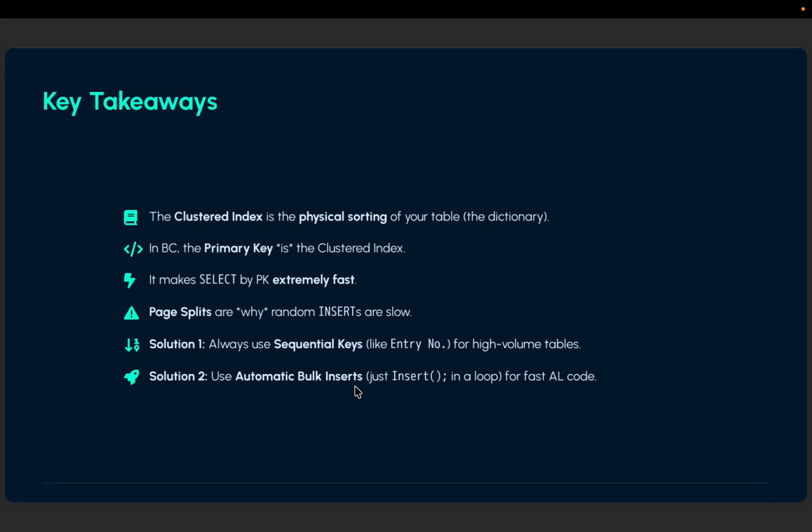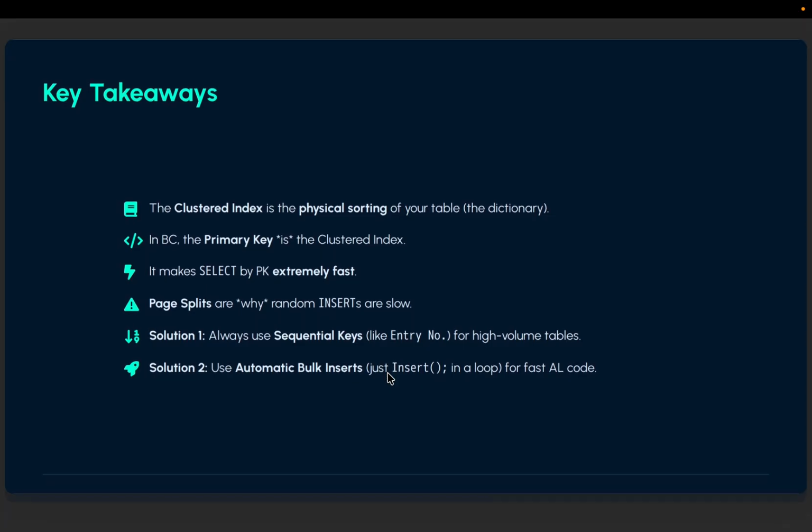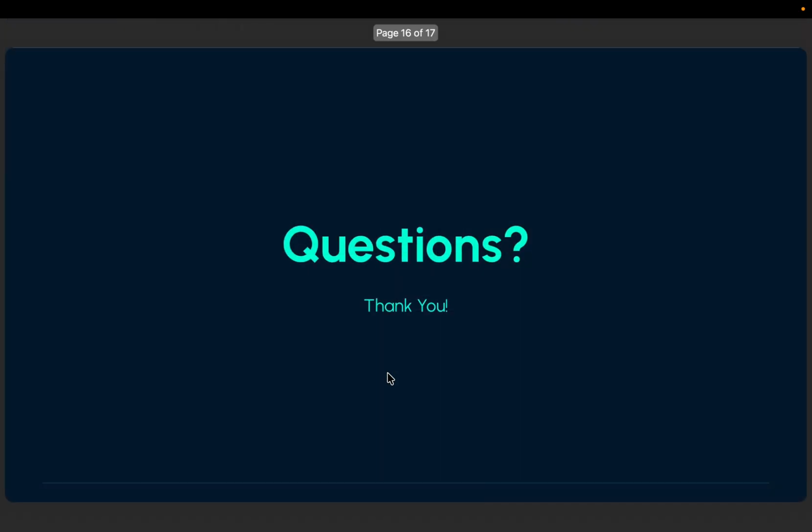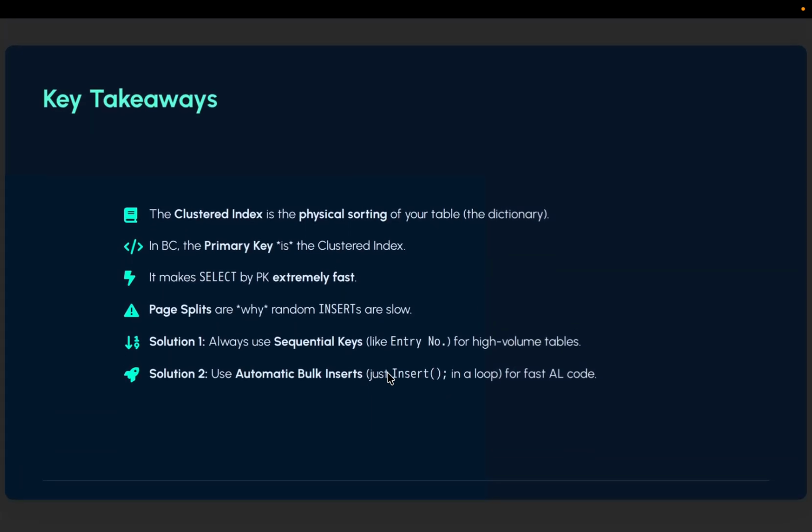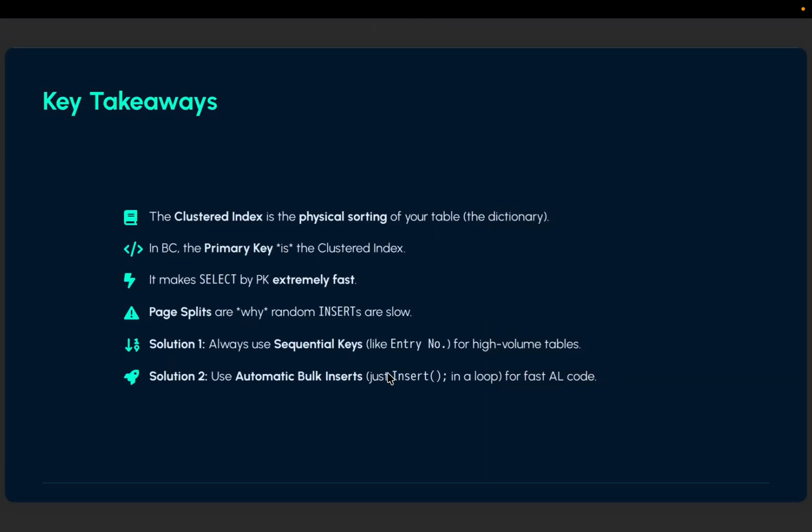Bulk insert is handled automatically by Business Central, so we don't have to worry about it. And of course, a minimum number of keys in a table makes it faster. So I believe this is the whole concept I wanted to explain in today's video: clustered index, non-clustered index, how they are faster, what the problems are, and what the solutions are.